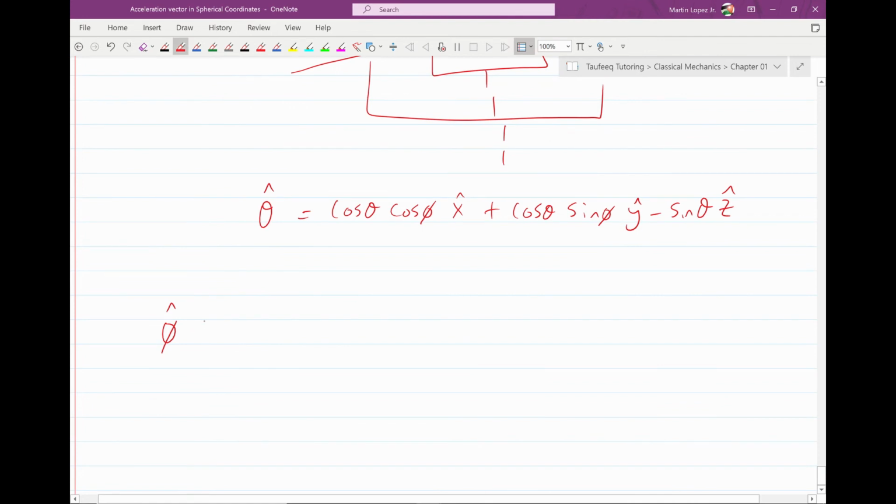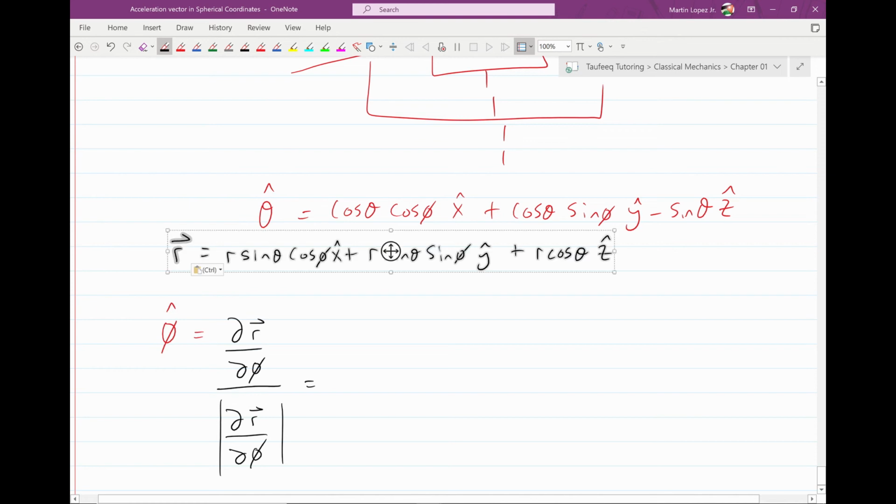Phi hat is the simplest one because the z term ends up being 0. So phi hat is the partial of the position vector with respect to phi over the magnitude of that partial.